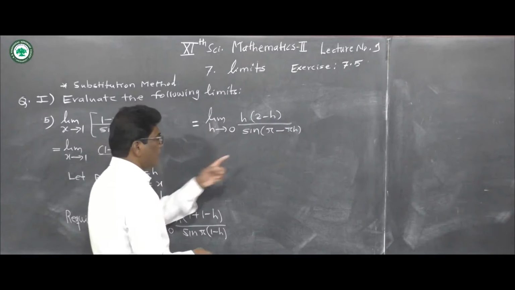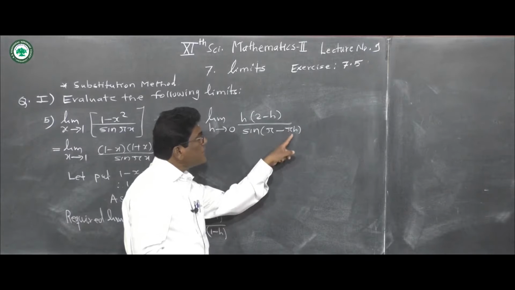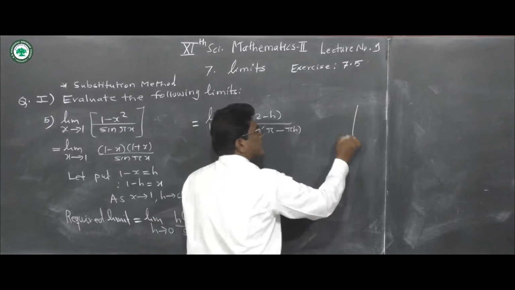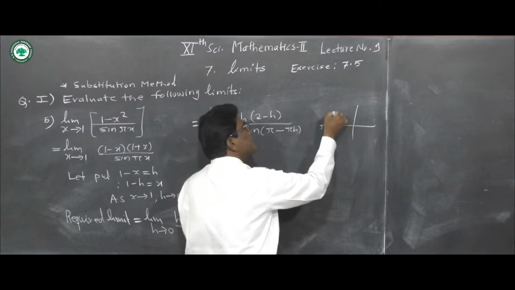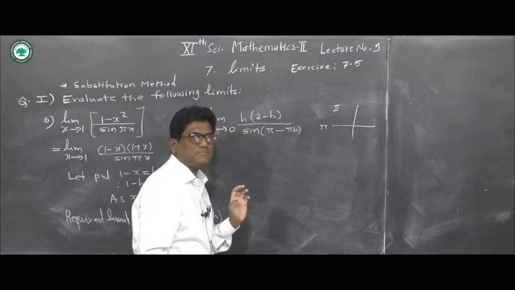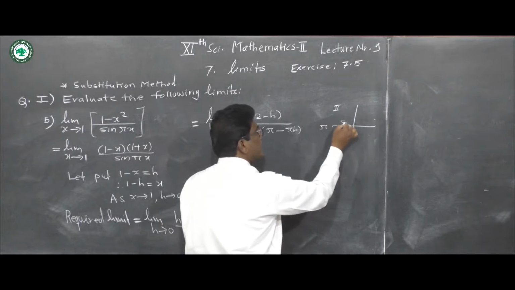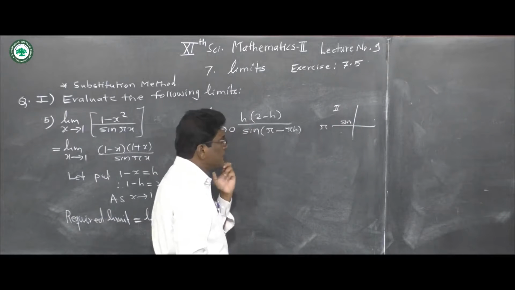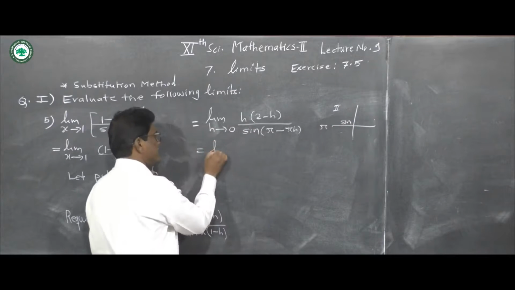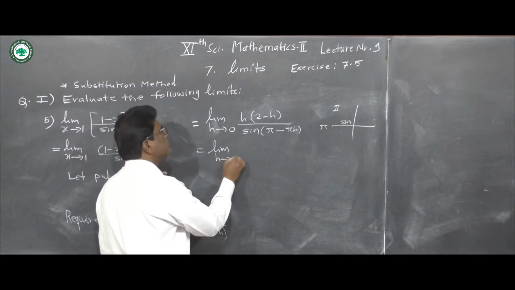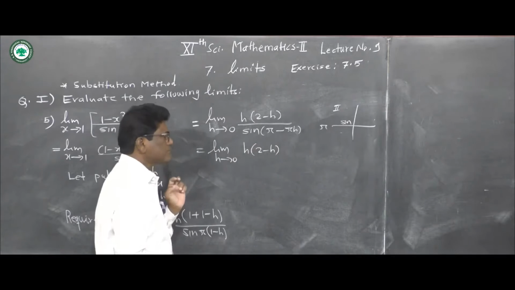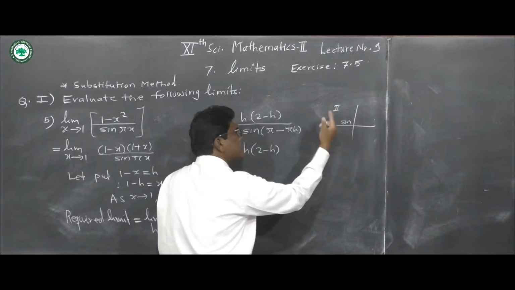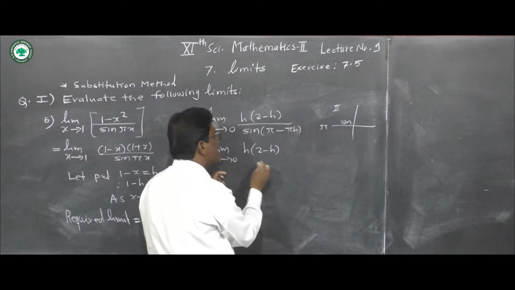Again see, in the denominator, sine of (pi minus theta). First quadrant, second, third, fourth. Pi minus theta lies in the second quadrant, and in the second quadrant, we know that sine is positive. Therefore, here, limit as h tends to 0, h into (2 minus h), and in the second quadrant sine is positive, so we take sine as positive.